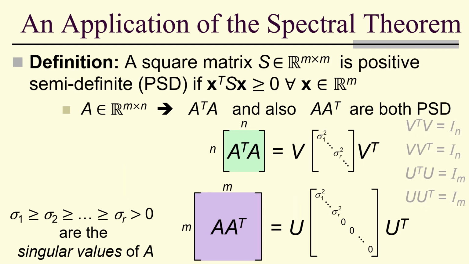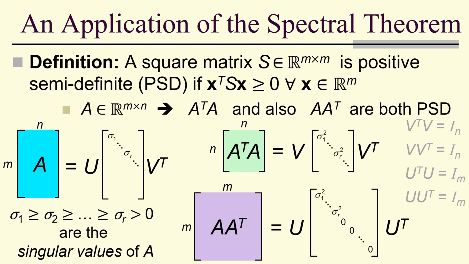So here we have the singular values. The squares are the non-zero eigenvalues of A transpose A and AA transpose, and we can actually prove that A itself is U times this matrix with just the singular values on the diagonal and then V transpose.